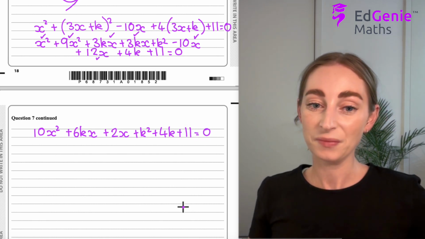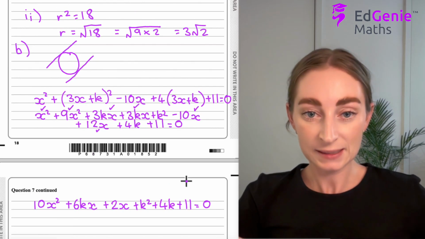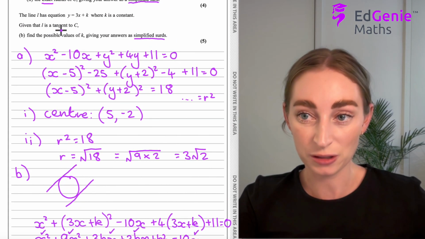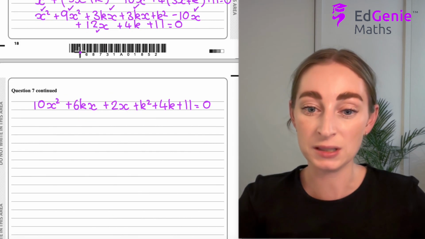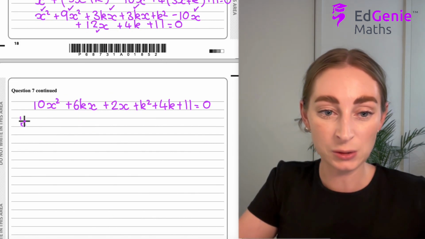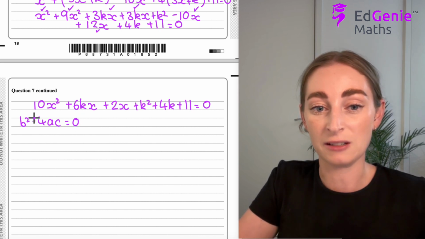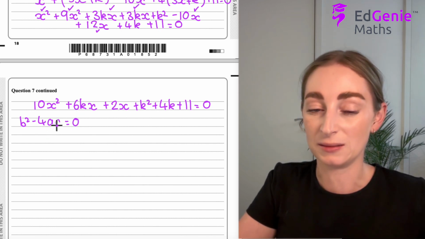Okay? Now, the next thing we know is, because it's a tangent, so it's touching at one point, we know that b squared minus 4ac is equal to 0. So this is our discriminant.